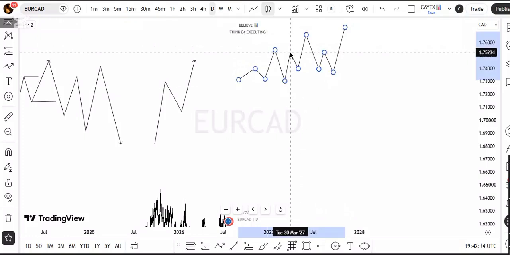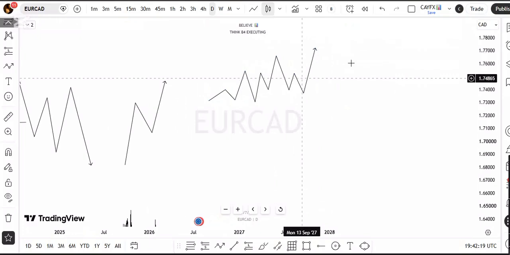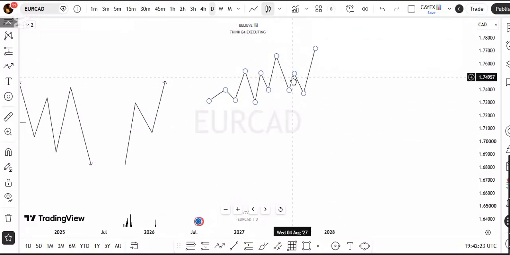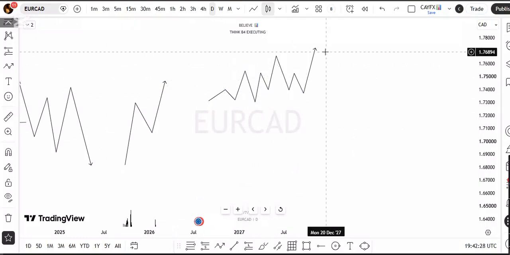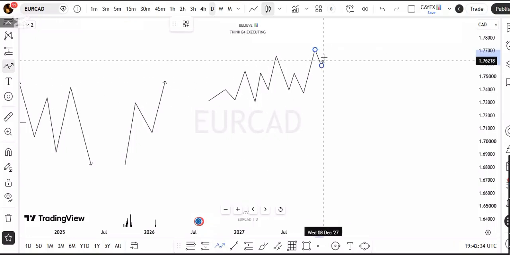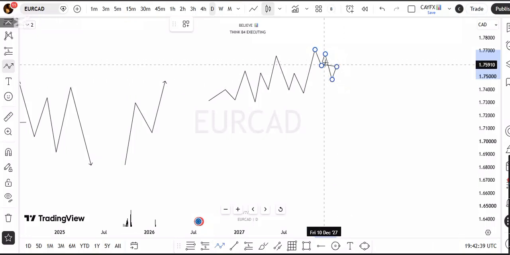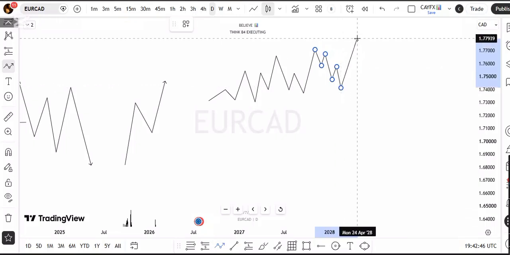Just know that what you are looking for is a buy opportunity. Since your general bias is bullish, you are looking for a buy, even though you are seeing a sell in your lower time frame. If you see a sell in your lower time frame, just know that that sell is a pullback to a valid entry to continue the buy.